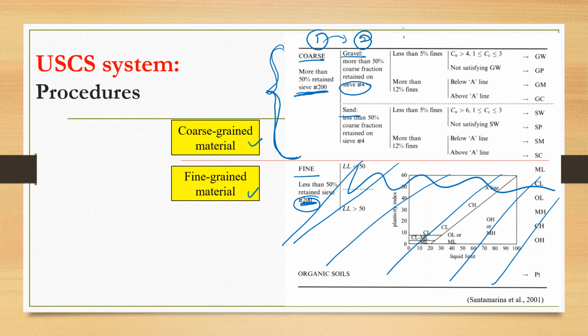Again, let's say you know from the sieve analysis that it is sand. It's more dominant sand. Maybe it also has a certain amount of gravel, but which one is higher in terms of percentage? That is the answer. So let's say your answer is sand, so you don't have to look at this part anymore.